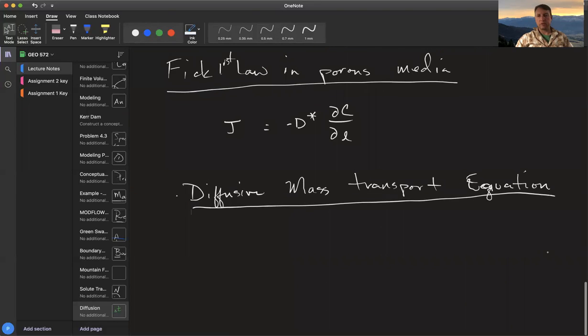All right, and so we're going to derive this using the continuity equation. So I'm going to draw a very special block of porous media. I'm going to start over again because my lines are not straight. And remember, this very special block is called the REV, the representative elementary volume.